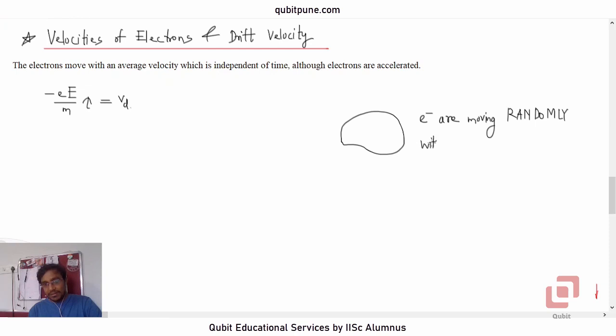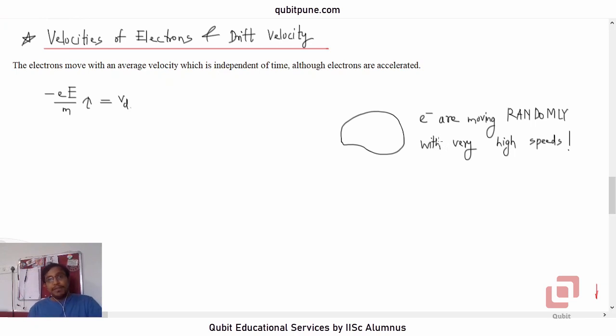We have noted the order of magnitude of the speeds. But if I connect a bulb here, the bulb will not glow, and the reason is that the net velocity of the electrons, if you take the average, the vector addition, is zero.